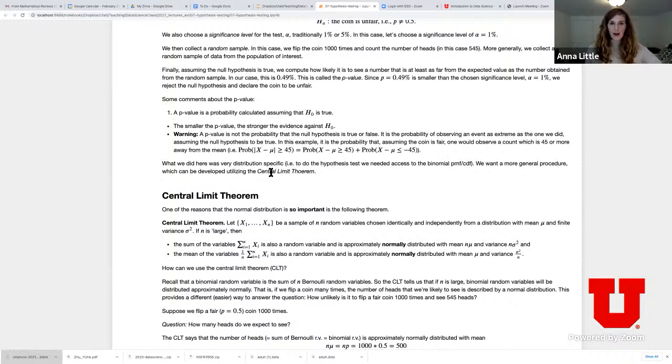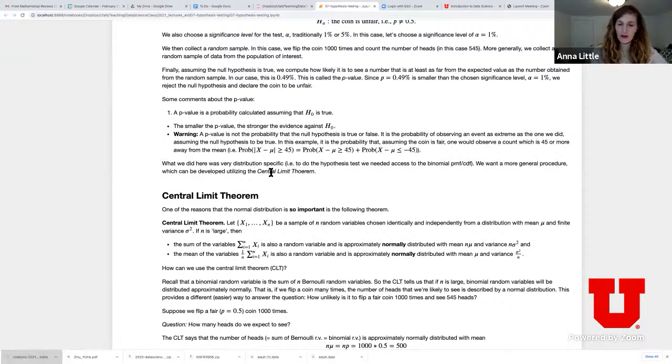So this is the results of how you run a hypothesis test. But what we did in this example was utilize the binomial distribution. For our null hypothesis, we were able to say, if this is true, we have a binomial distribution, and we know exactly what the PMF for that is.